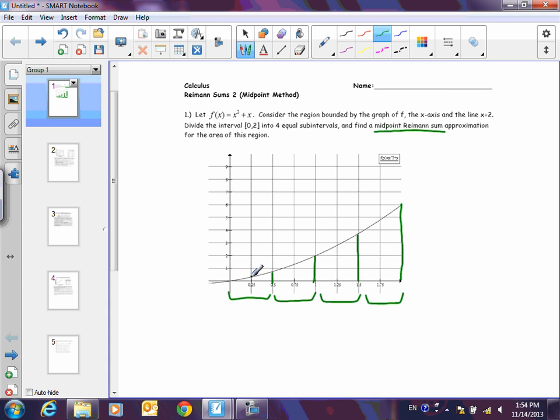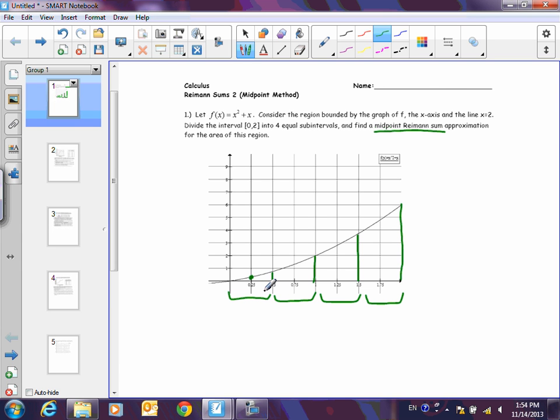We need to find what the y value is. Now before we find it, I want to ask you, the x is the midpoint, like 0.25 is the midpoint of 0 and 0.5. Do you think this y value will be the exact halfway mark or midpoint of the two y values?